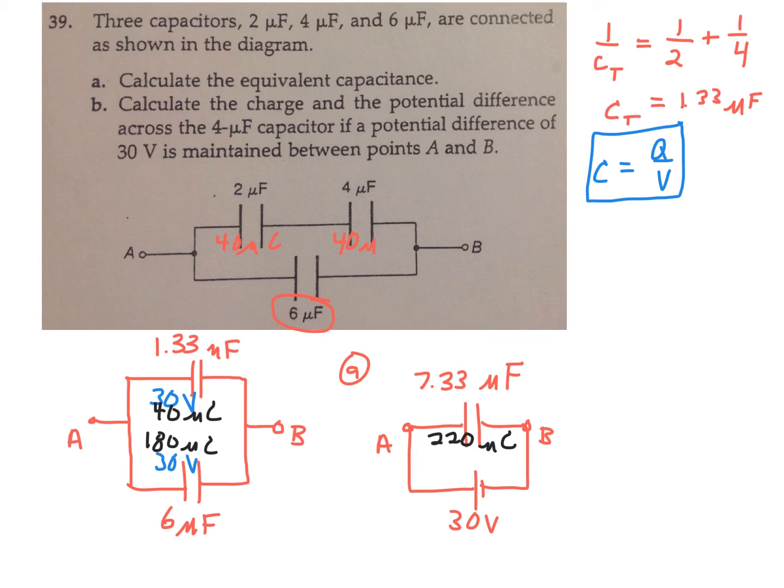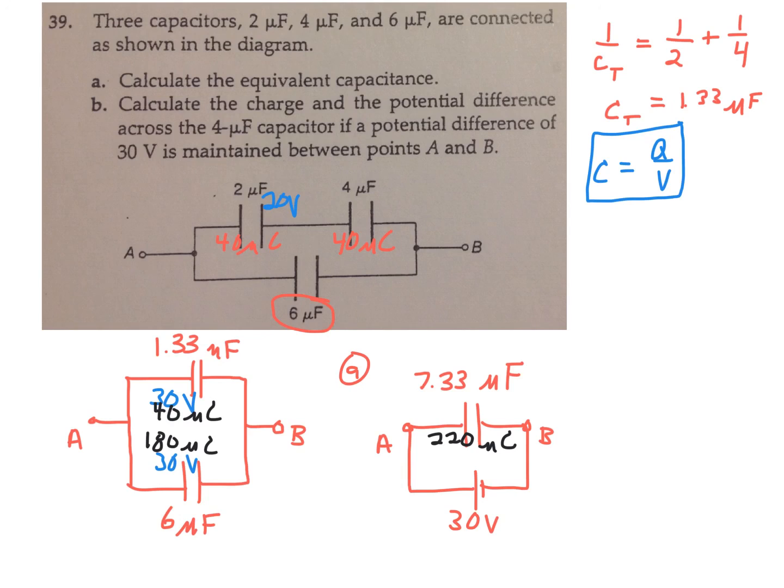If I know their capacitance and their charge, I could plug into that blue equation to figure out the voltage of each. If you rework that equation, you get V equals Q over C. These are easy enough to do in your head. Q is 40 over 2, so the one on the left comes out to be 20 volts.